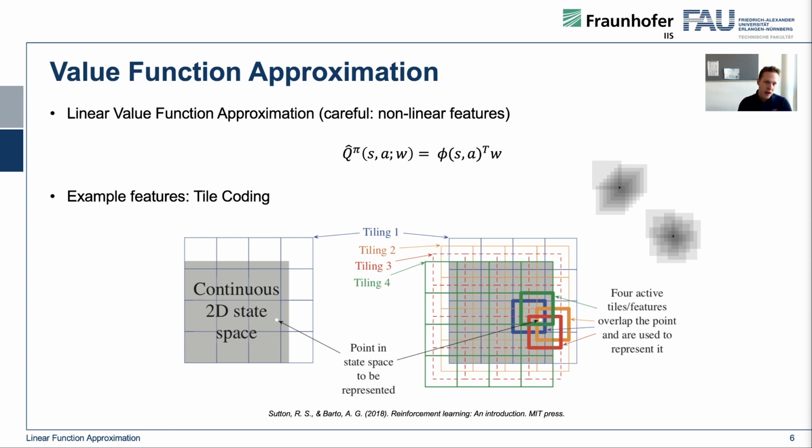While this is a very naive way of choosing your tilings, what you could also do is induce prior knowledge into your system. If you want a more powerful approximation in some areas of your state space, you could define the tiles to be of different size and at different locations within your state space.